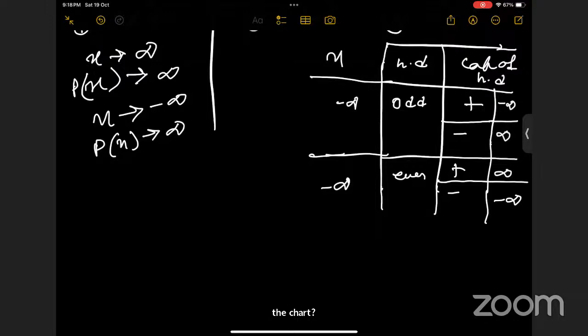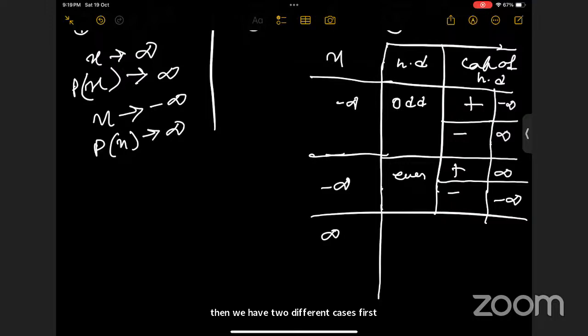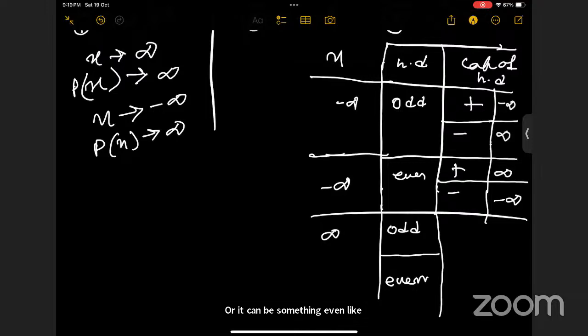Okay, so same thing we can now do for positive infinity. If we have positive infinity, then we have two different cases. The degree of the highest degree term can be something odd or something even. Again, if we have odd, the coefficient can be positive or negative, and for even also, the coefficient can be positive or negative.